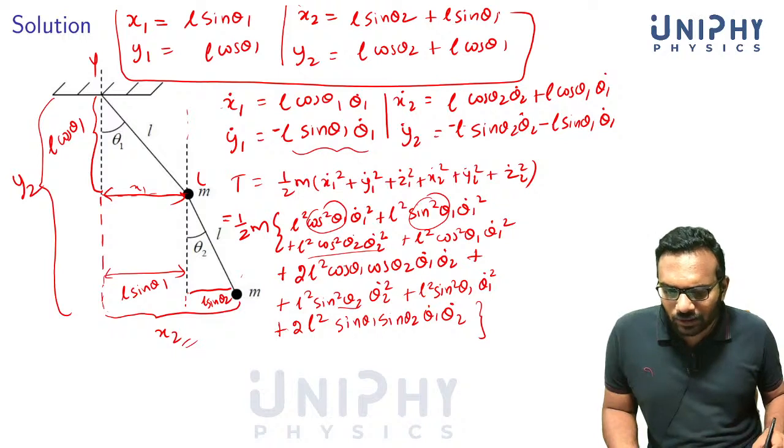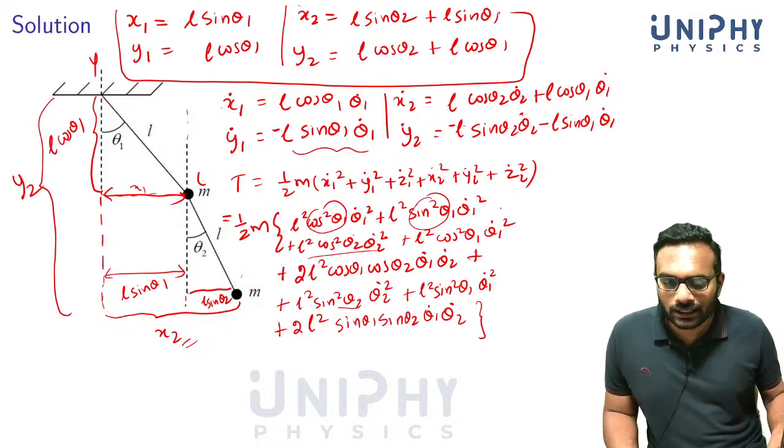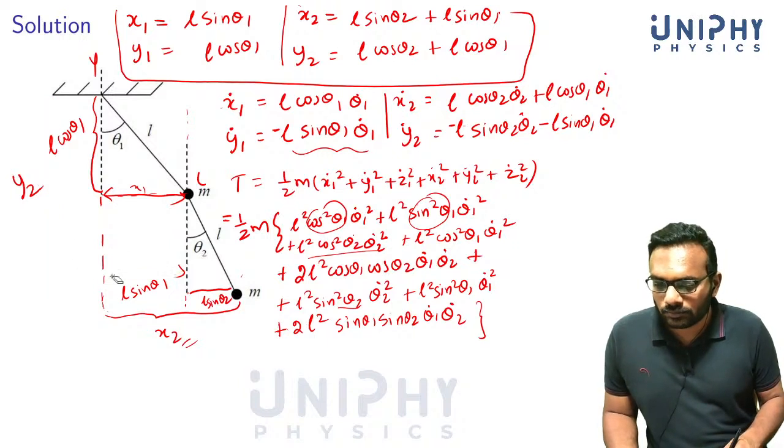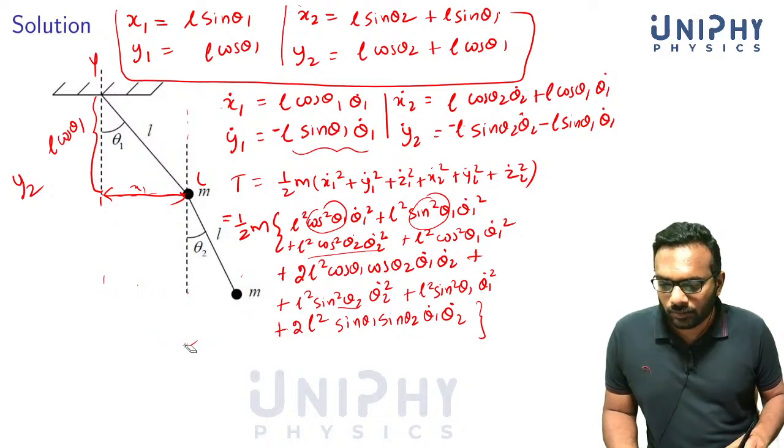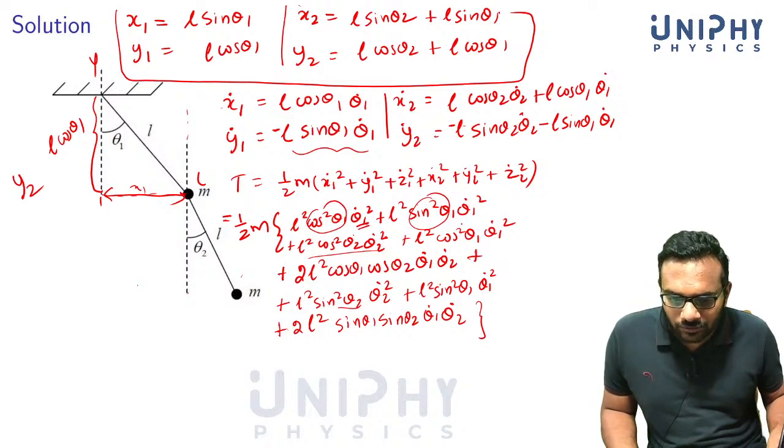And finally all these terms will nicely combine, all right. And finally you will get this result. If you combine this properly, you get, see, there is an L square theta 1 dot square from here, and there is another L square theta 1 dot square from these terms. Okay.